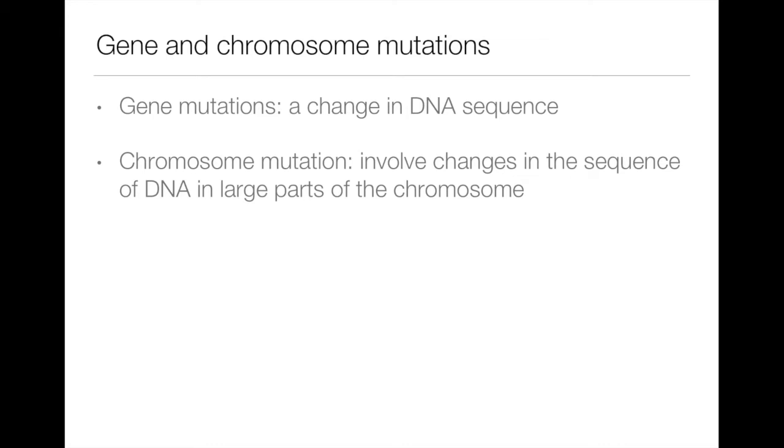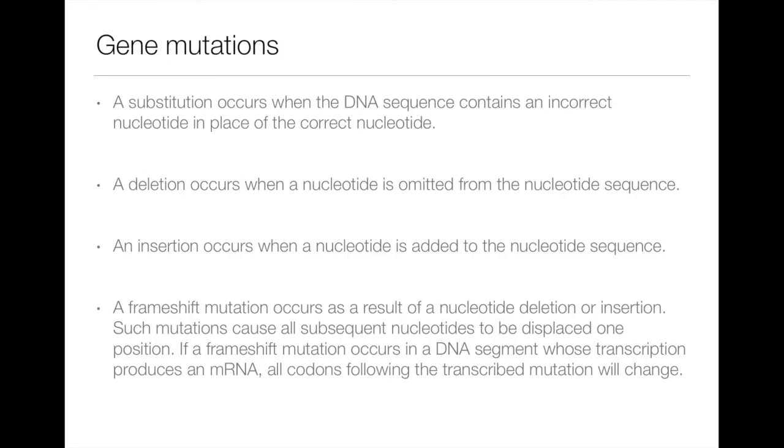But if we're talking about a large part of the chromosome, where we could have, I don't know, a whole part of the chromosome deleted, that is a chromosome mutation because it takes place in much larger parts of the chromosome. So according to the extent of the mutation, we've got gene mutation and chromosome mutations.